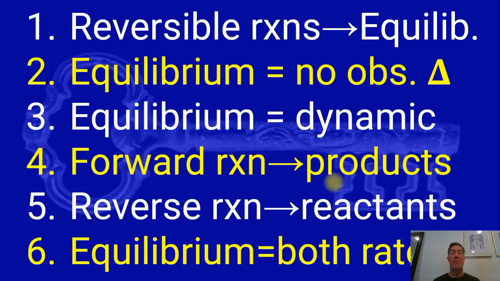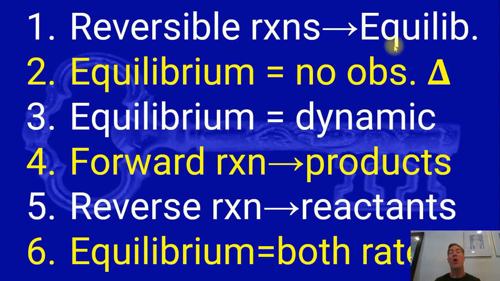So the key concepts for this chapter. Reactions are usually reversible, and reactions that can proceed in both the forward direction and the reverse direction will eventually settle down where the rate in the forward direction equals the rate in the reverse direction, and that's known as equilibrium.